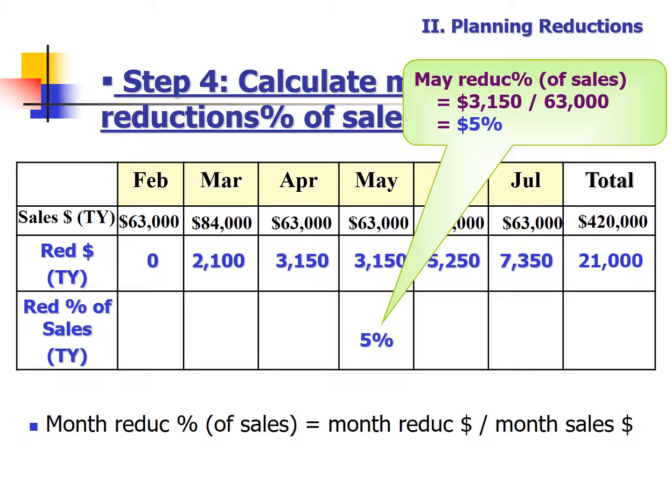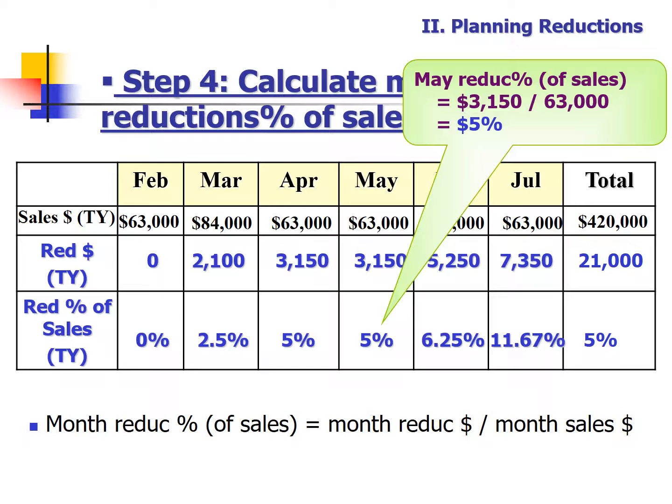For each given month, you have to look at the particular month's sales planned and the reductions dollar planned and just take a ratio of that, so reductions dollar over sales dollar, and that will give us the reductions percent of sales.